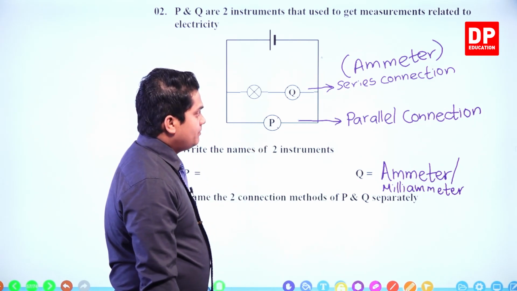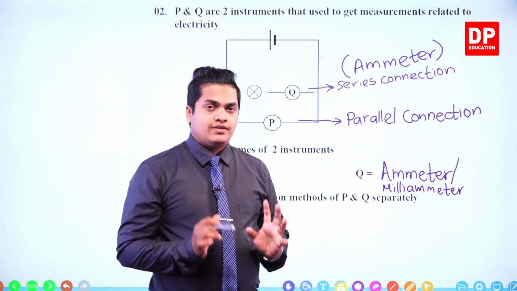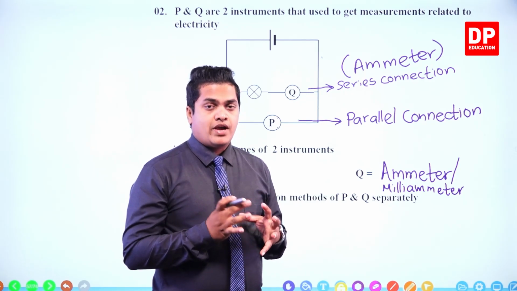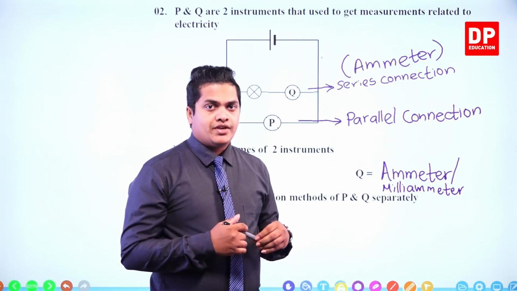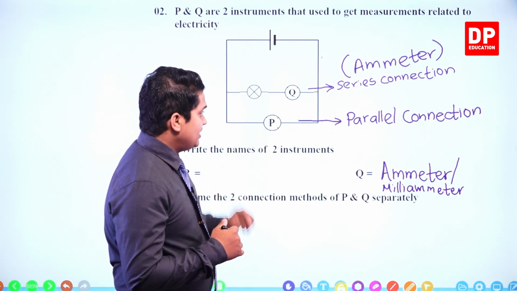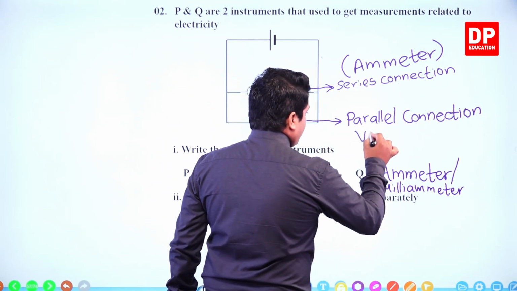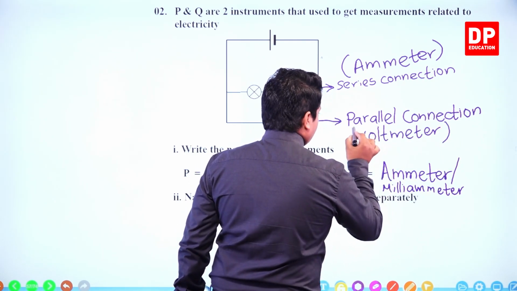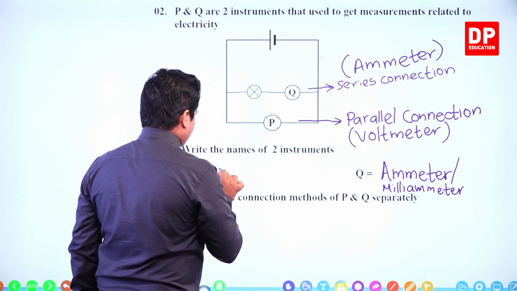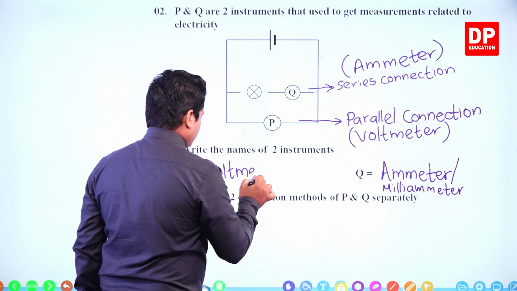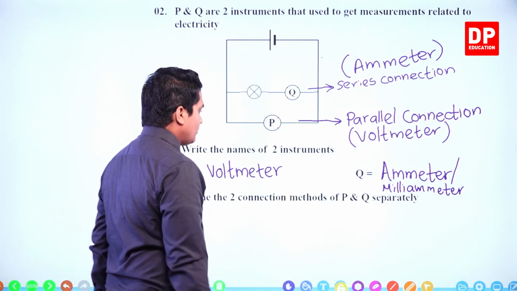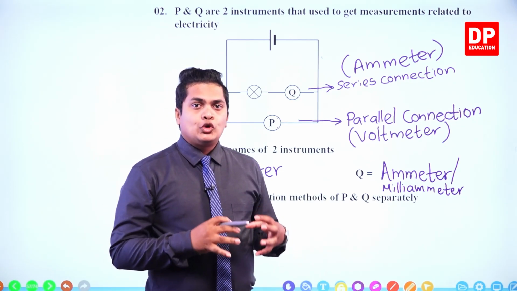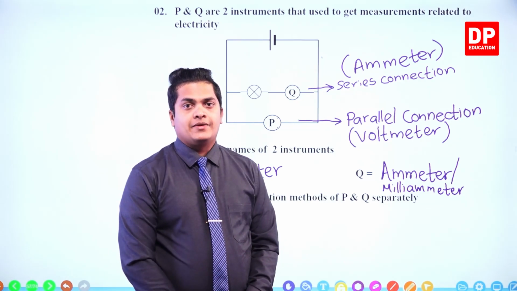Then P. P is showing a parallel connection. My dear children, we connect voltmeters in parallel to a circuit to measure the voltage. So this P instrument should be a voltmeter. So by using the connection method, we identified the two instruments P and Q separately.